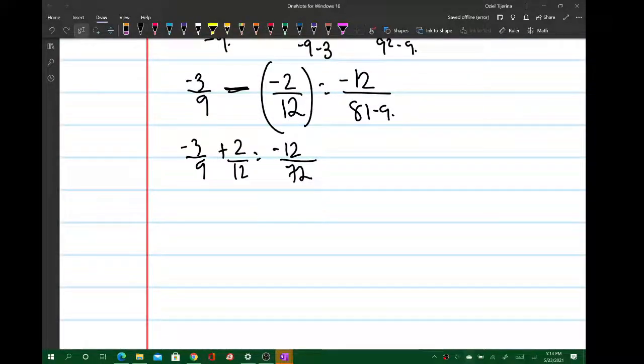Yes, and then we simplify this. This is negative 1/3 plus, and then this is 1/6. And then negative 12 over 72, that's negative 1/6, I think.